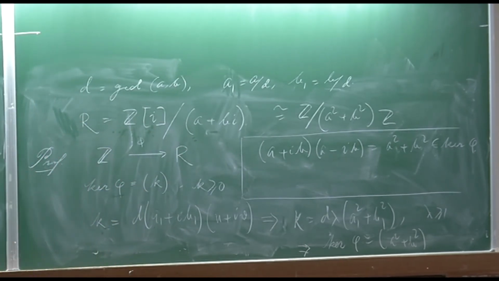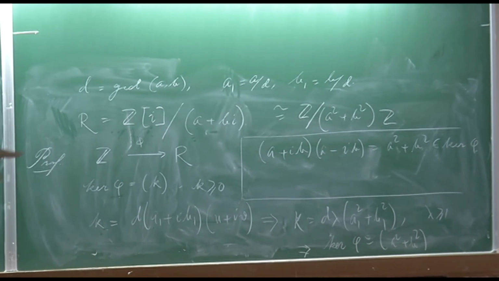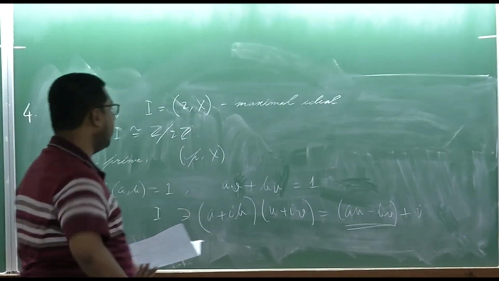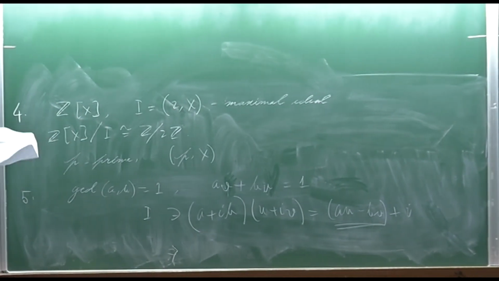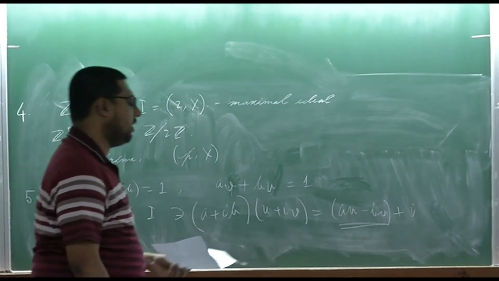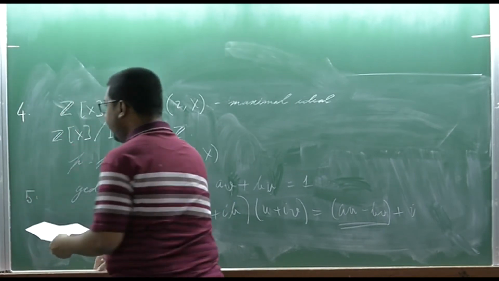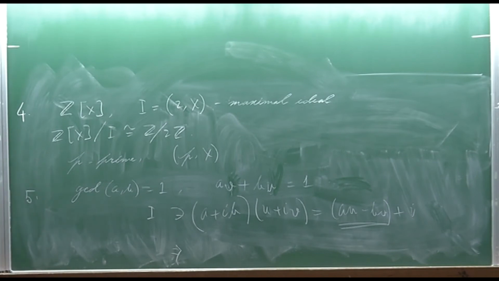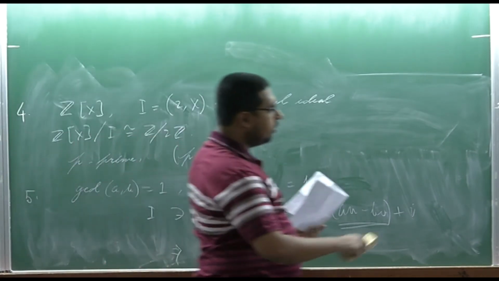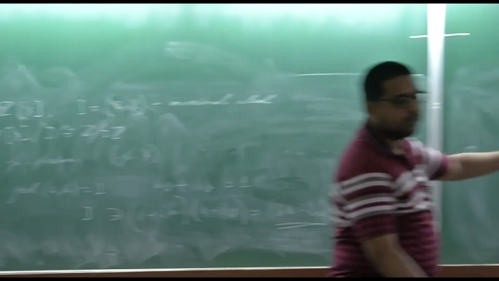So, automatically the image will be the whole of R. In view of this, it is clear why in the earlier case we obtained a maximal ideal. Next we should go ahead, since I do not have much time. As I said, I have given you the outline of the argument, you can fill up the details.